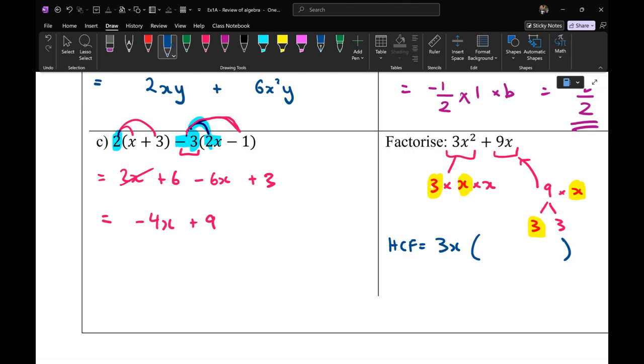What's left over? Well, I've got this factor left over, which is an x. What's left over here? Well, I still have a 3. That's why when you factorize it, 3x times x gives you 3x squared, and 3x times the 3 gives you the 9x. That's the logic, because it's your leftover factors.